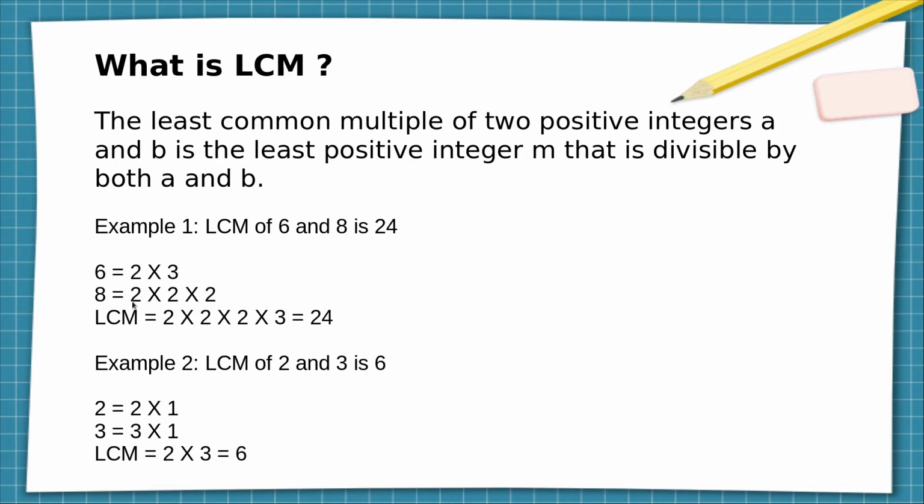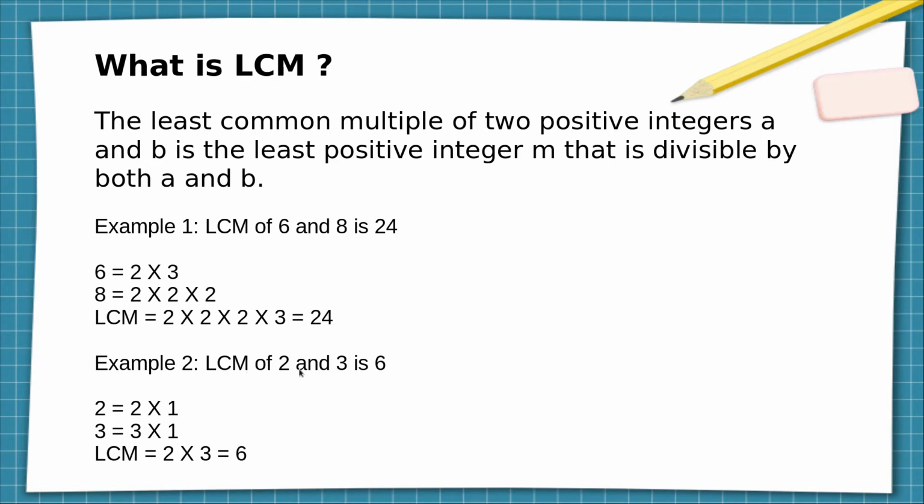For example, 2 is common, so we'll write this 2 once, and there is no other factor which is common in both, so we'll write other factors as it is. So this 2 one time and 2 times 2 times 3 as it is. So the LCM for this example turns out to be 24.